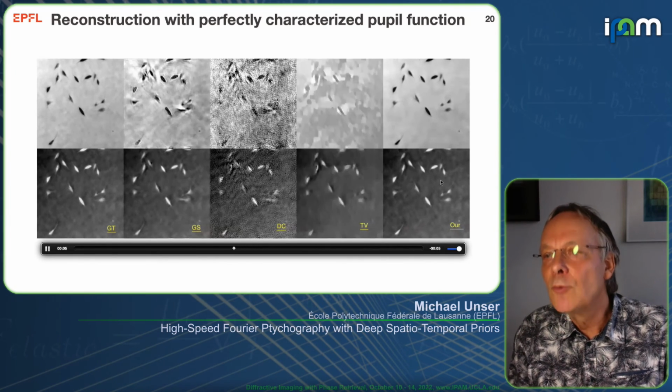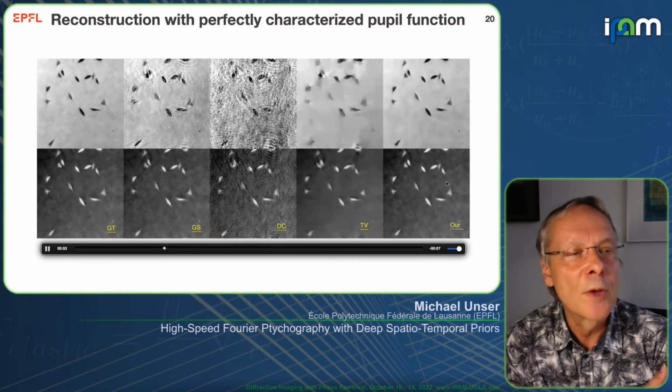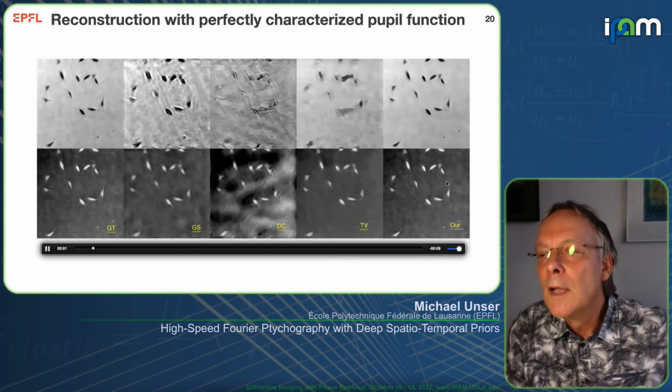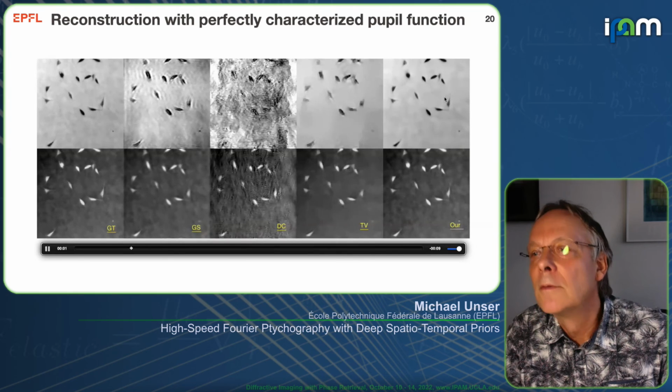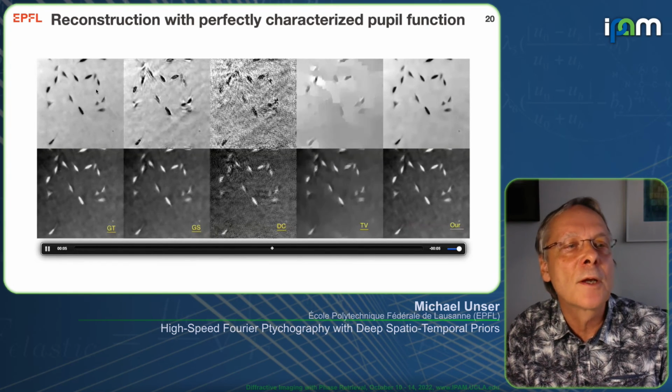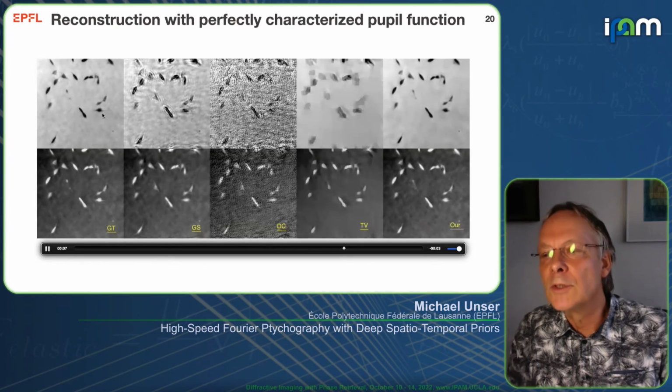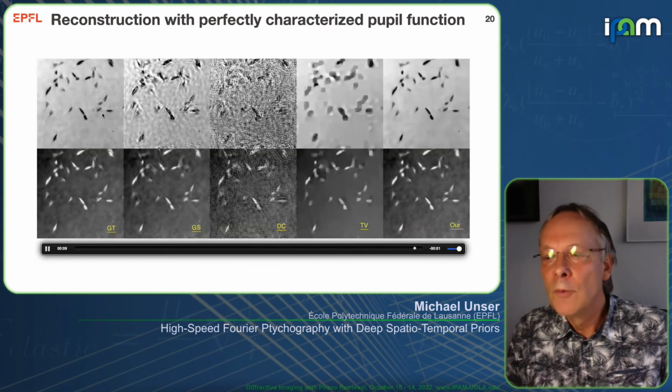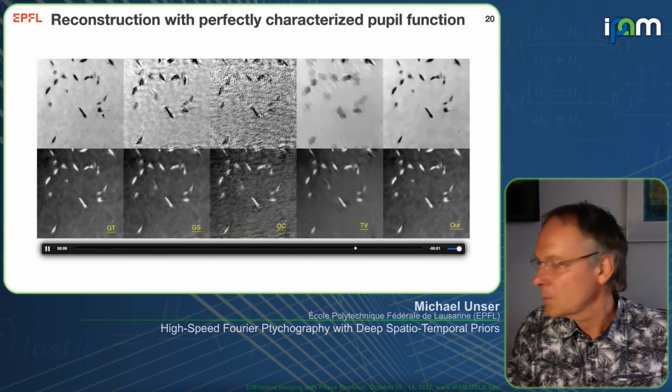While with our reconstruction, you have relatively good quality, and you see the object moving. Okay, and so you really recover the motion that was in the original image without artifacts.